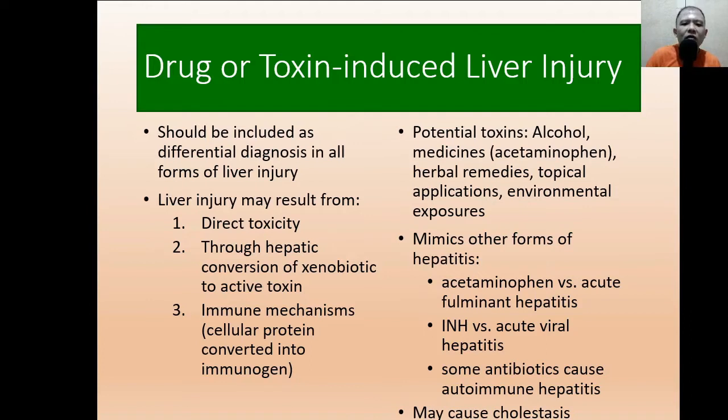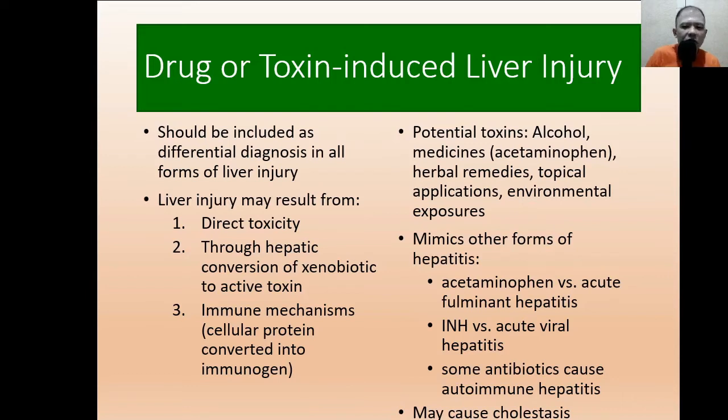We'll talk about drug or toxin-induced liver injury. The liver can be injured from direct toxicity by a certain chemical, or the conversion of that chemical to a more harmful version, or through immune mechanisms.